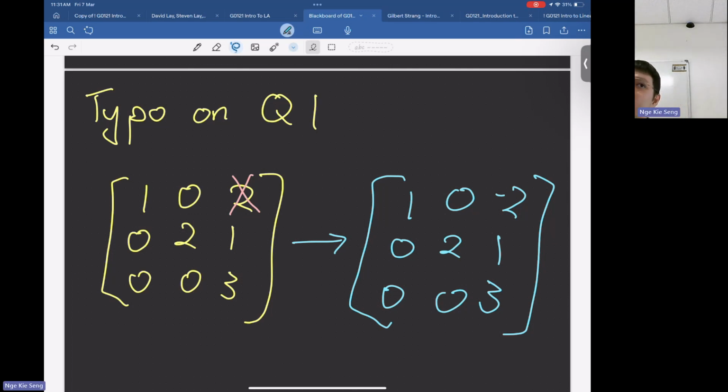Question 1 must use Cramer's rule, because last time we used the elementary matrix, right?